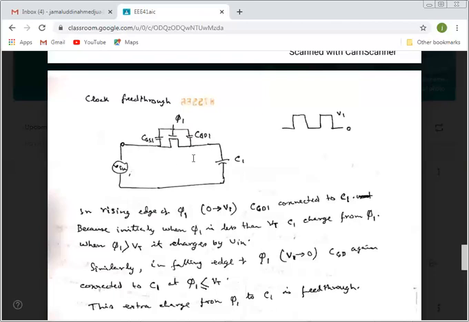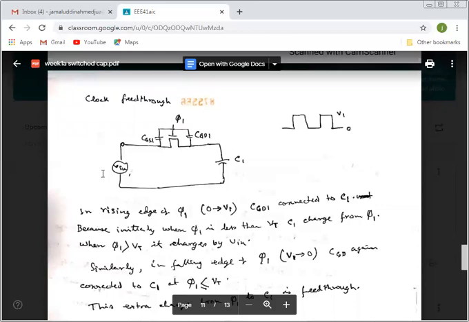But since it is quickly moving from 0 to V1, because the V in frequency is way smaller than the phi1 frequency, as soon as phi1 goes to V1, the charge from the gate goes to C1 through the VGD, the parasitic capacitance of this transistor, and sends charge to C1.